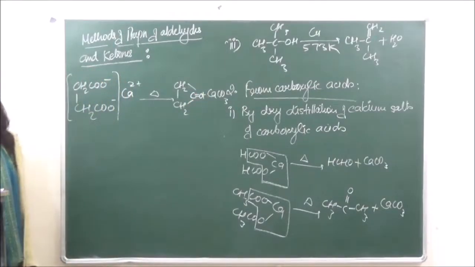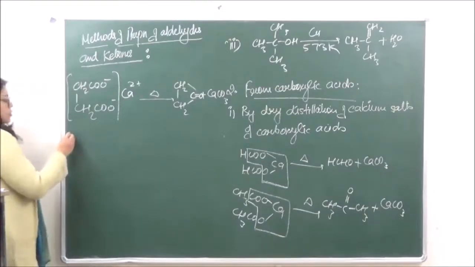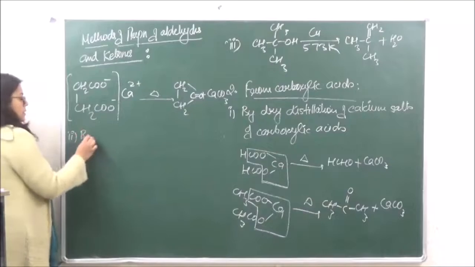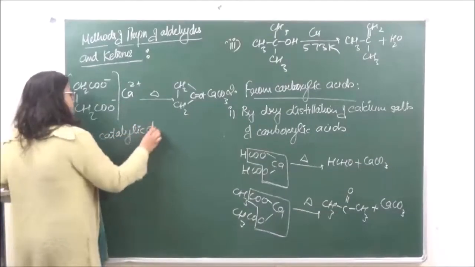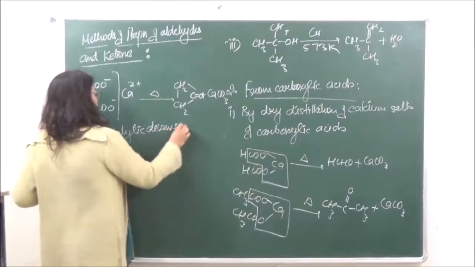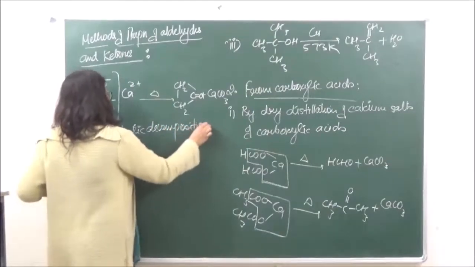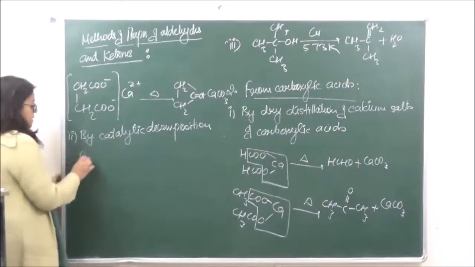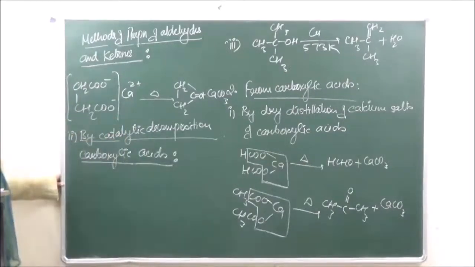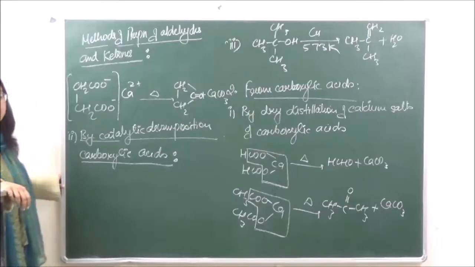Is it clear? Then the second method from carboxylic acid is by catalytic decomposition of carboxylic acids. In this case, we are going to use a catalyst, and generally the catalyst used is alumina, and the temperature is raised to approximately 400 degrees Celsius.